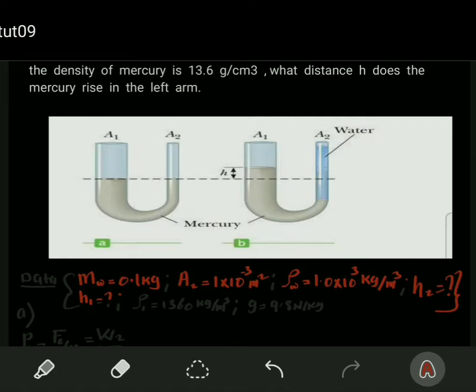We don't know the height of the mercury yet, but that can wait, because right now we are more concerned with the length of the water column, the column on the right. Also, the density of the mercury is given as 1360 kgs per cubic meter, and of course the value of g that we already know.